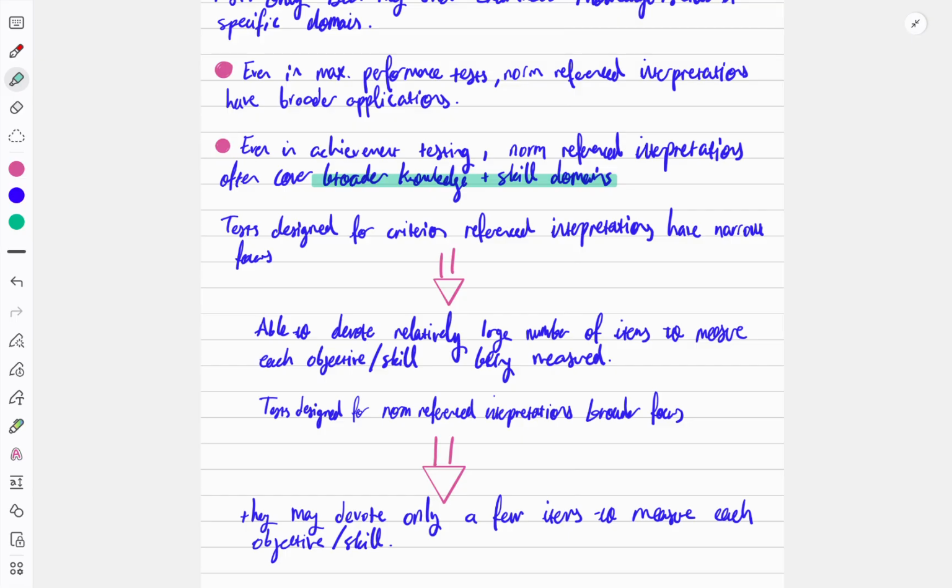So, as we have talked about, they have a narrow focus. Because of that, they are able to devote a relatively large number of items to measure each objective or skill being measured, because we are just trying to figure out if they have enough knowledge on something, so we can measure with a lot of items.